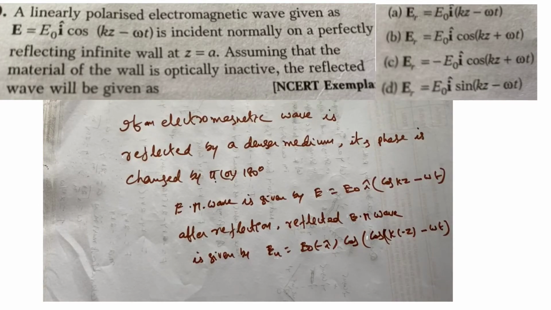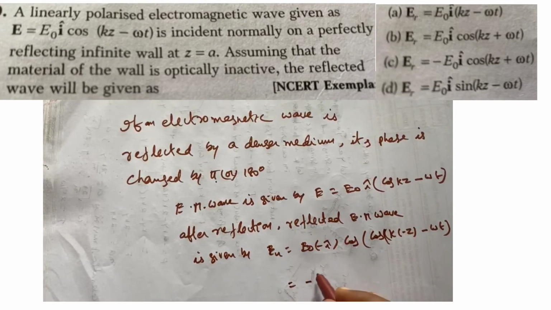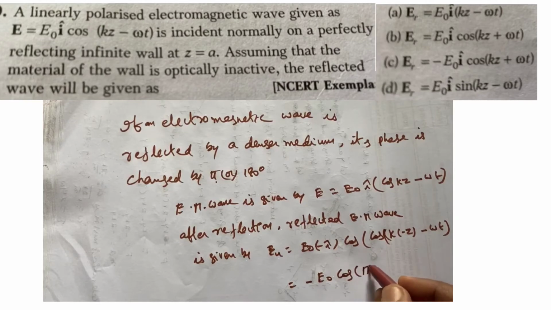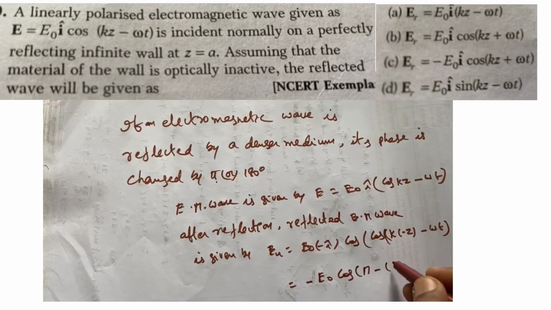Minus E naught cos of phi minus of kz plus omega t.